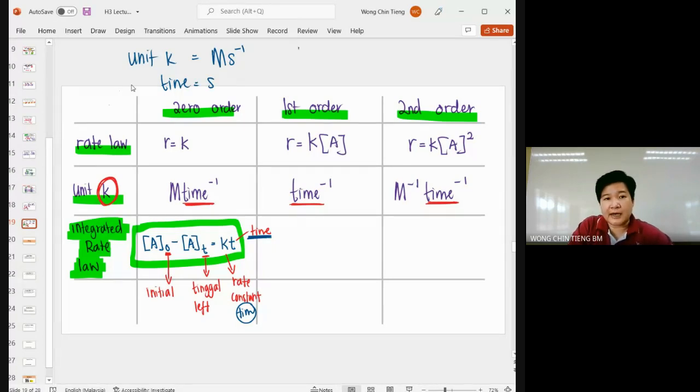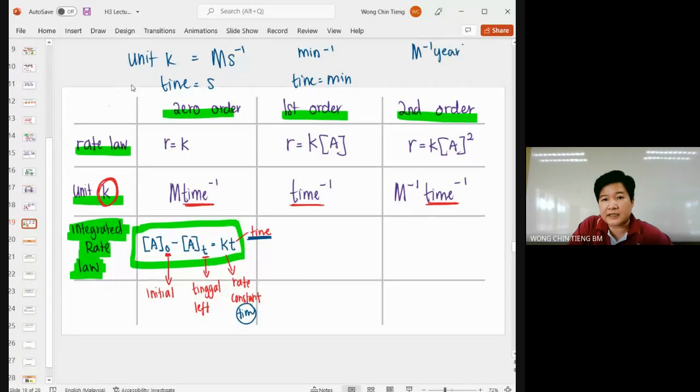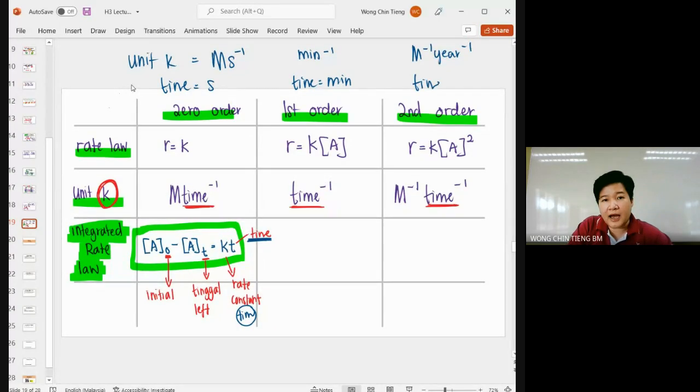Kalau unit K kamu minit^-1, bermakna time kamu kena guna minit. Kalau unit K kamu adalah molar^-1 year^-1, bermakna time kamu kena guna unit year. Faham maksud saya? Alright? Because they are calculation. Dia adalah cara nak guna formula. Alright? So selesai. Sebab yang ni akan jadi masalah selalu. Kamu akan salah kat sini.